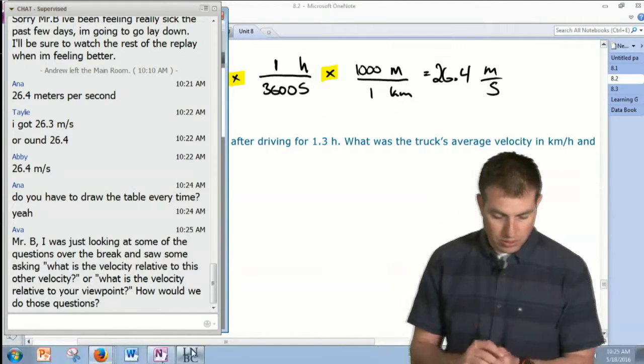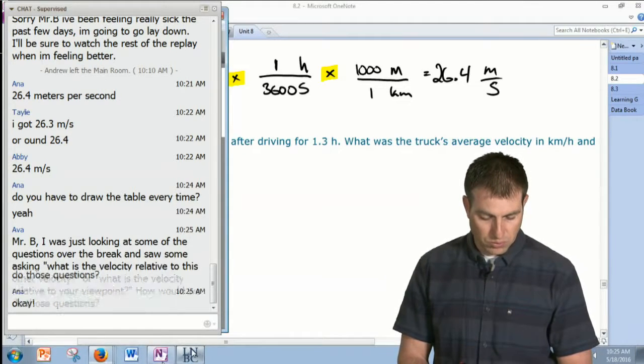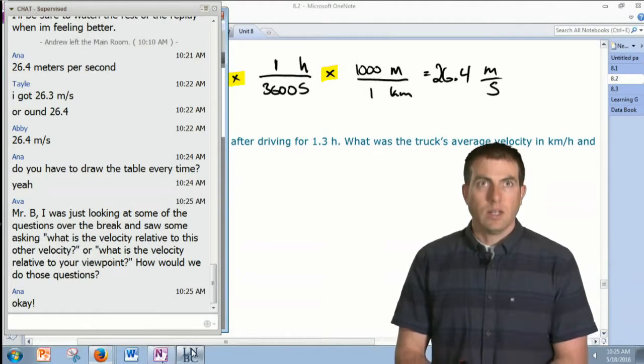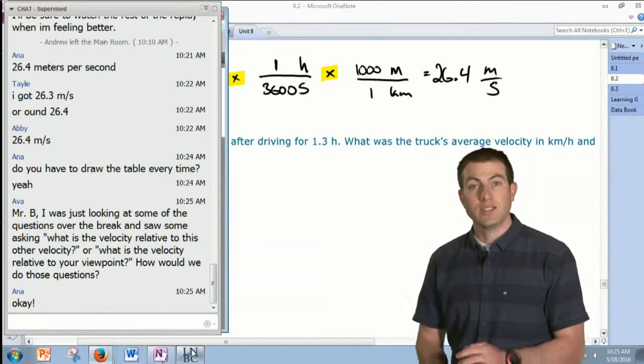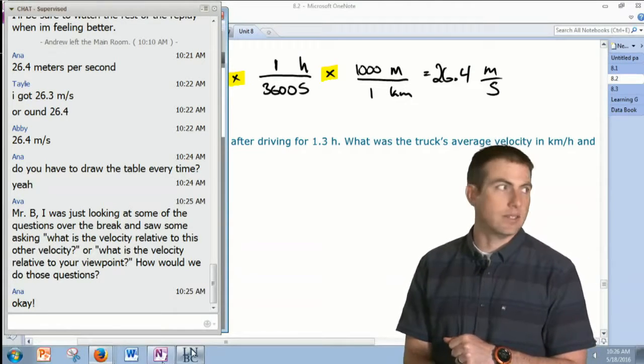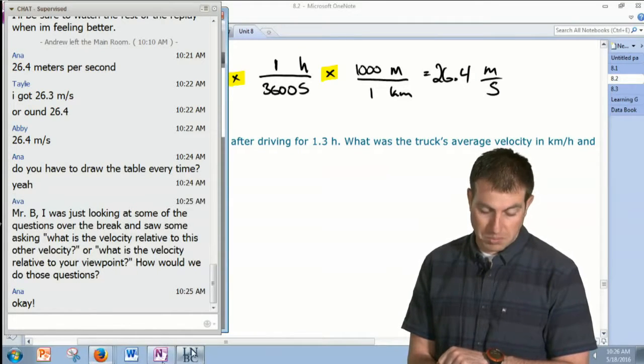What is the velocity relative to this other velocity, or what is the velocity relative to your viewpoint? How would we do those questions? So what you're getting into here is it's kind of relative velocity type stuff, and I guess it kind of leads into Einstein's relativity. Might be where you're going with it.